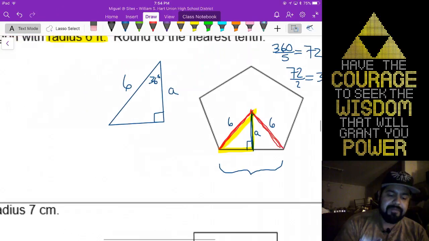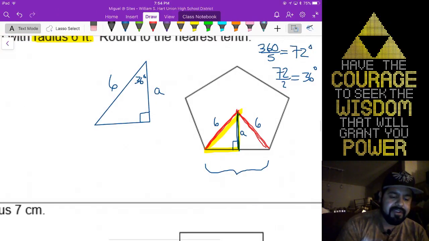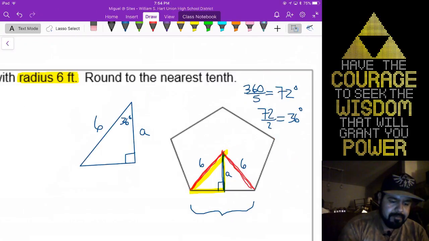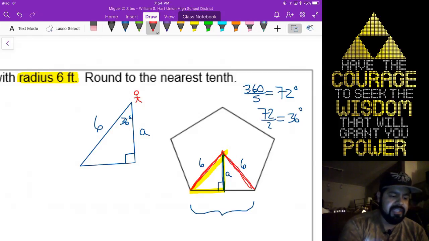Now, if you have to redraw the stick figure, that's okay. But remember that the side next to our stick figure is the adjacent, and the side that is across from the 90 degrees is our hypotenuse.